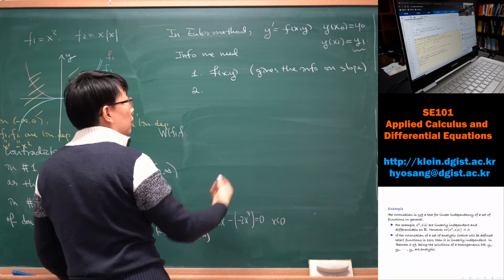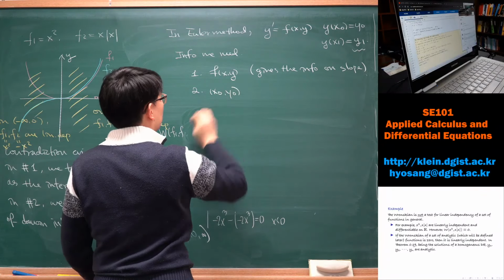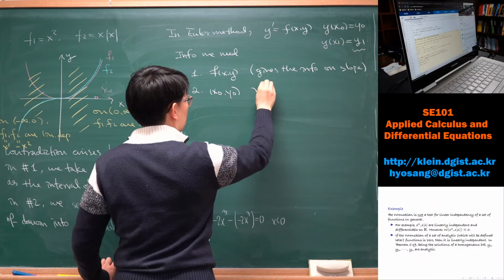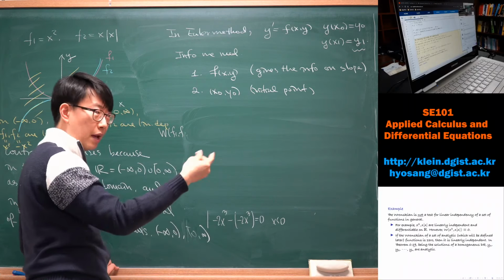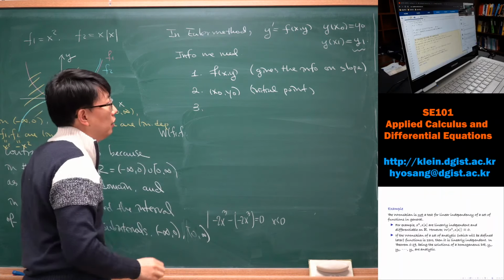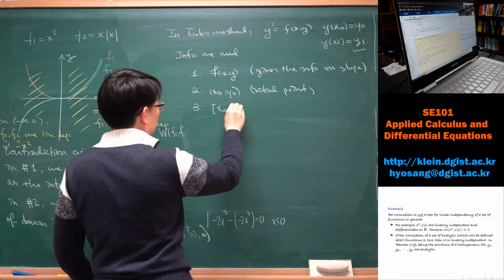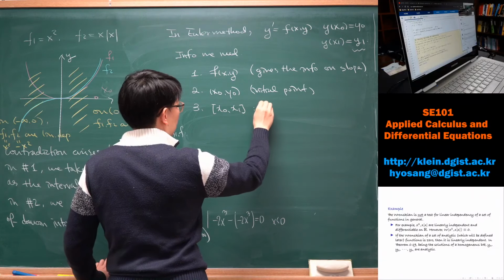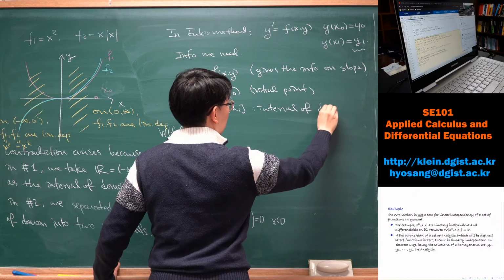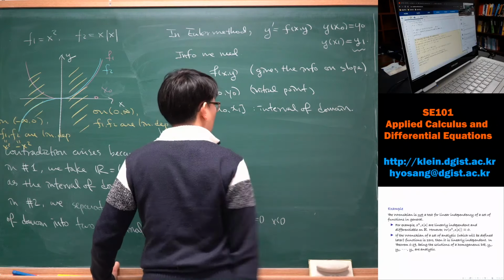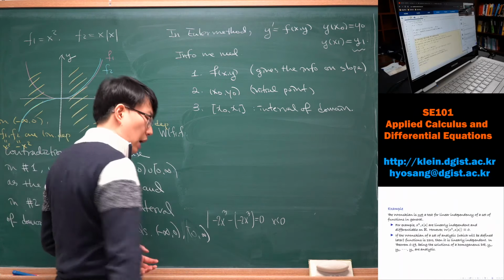Second, we need the initial value x0, y0, the initial point that the graph passes through in the two-dimensional plane. And third, the interval x0 to x1 of the domain. So we're going to find a function starting from x0 to x1.